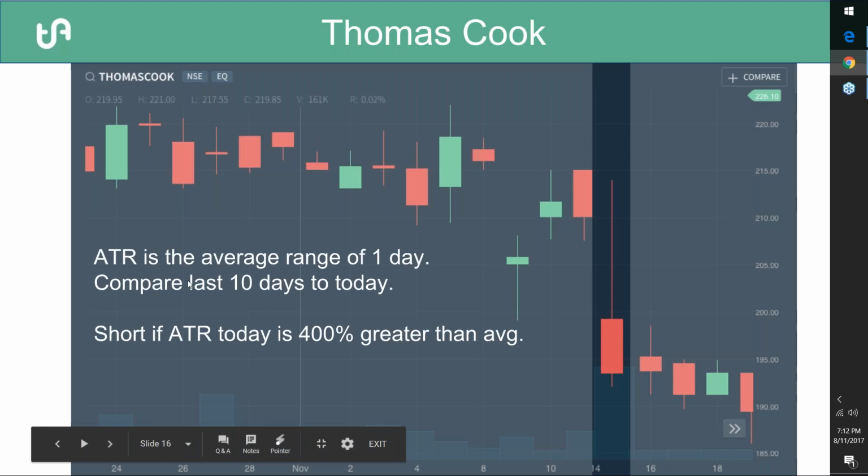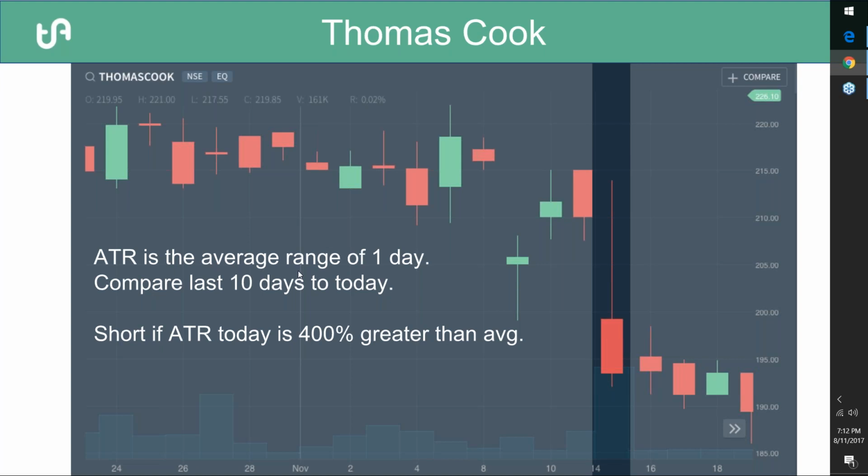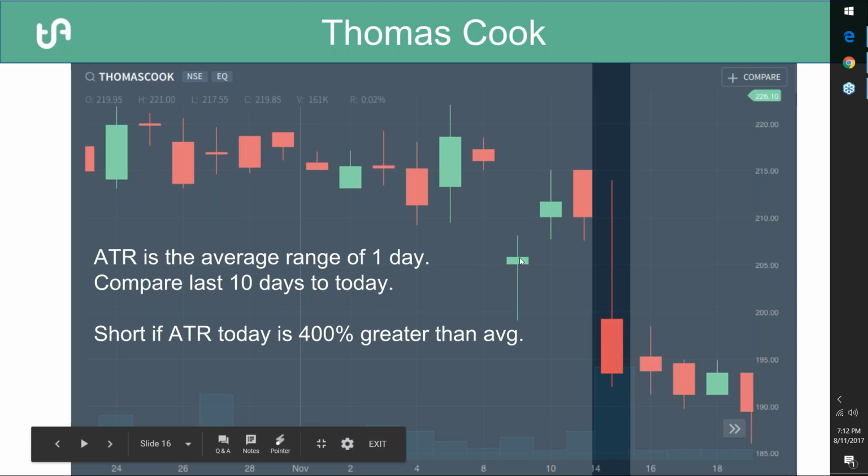And so what we use in gravity, guys, is something called the average true range. Like I said at the beginning of the webinar, average true range is a very common indicator used in trading. What we're going to do in gravity is look at the average true range for the past 10 days. So in this case, it's 1, 2, 3, 4, 5, 6, 7, 8, 9, 10.